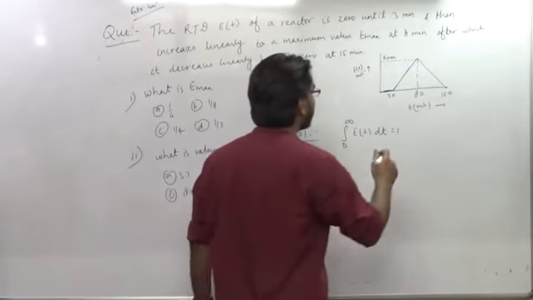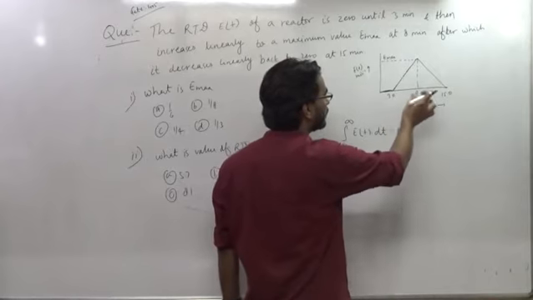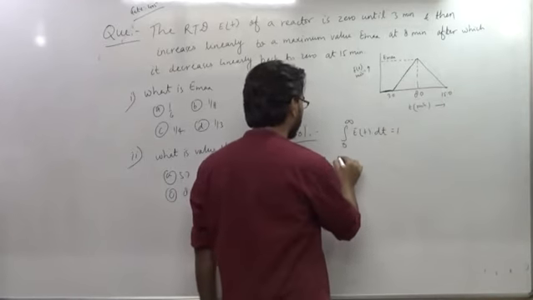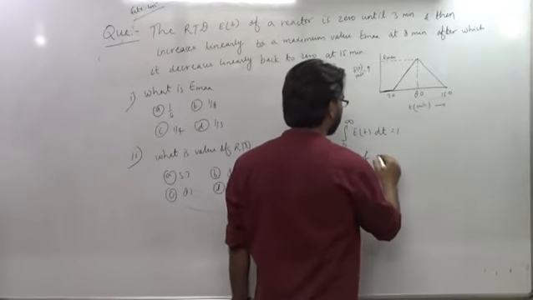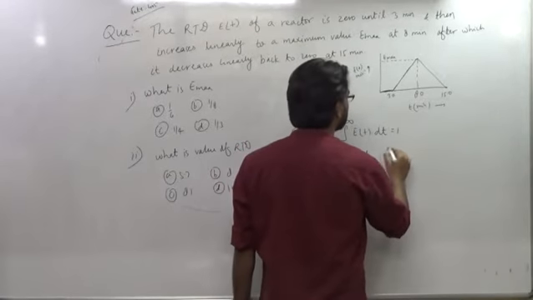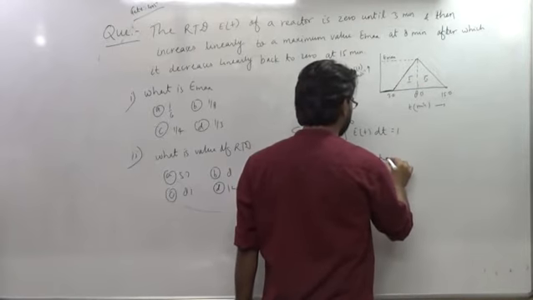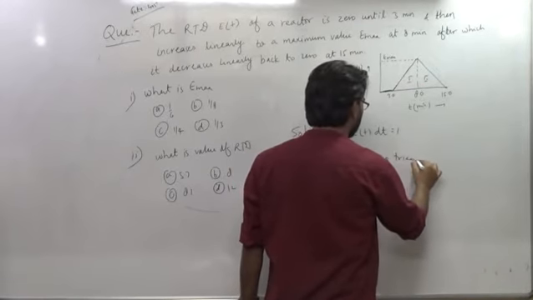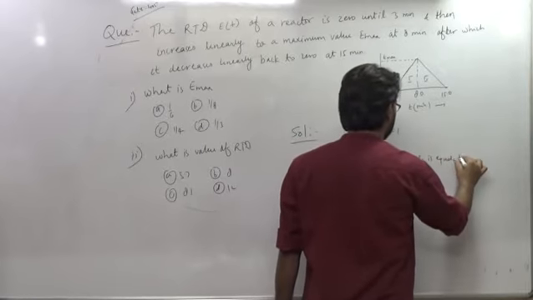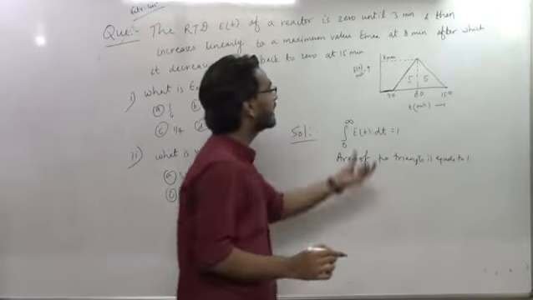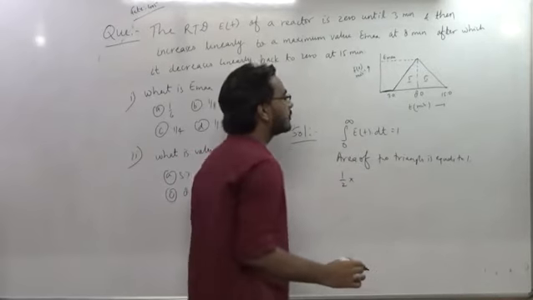Now we can write that the sum of the areas of these two triangles is equal to 1. This is triangle 1, this is triangle 2. The area of the first triangle is 1/2 into base into height.